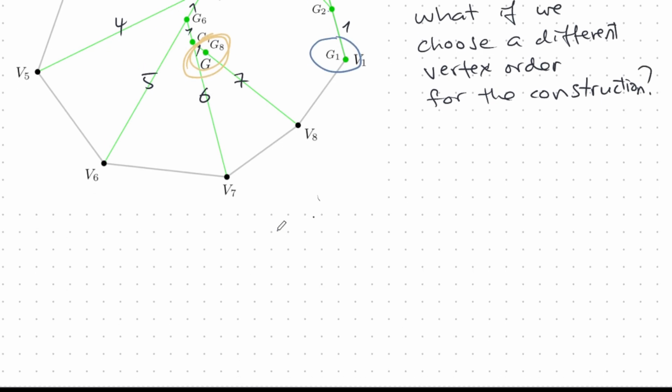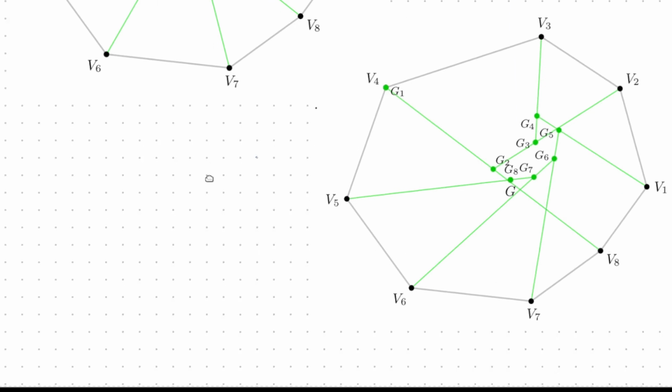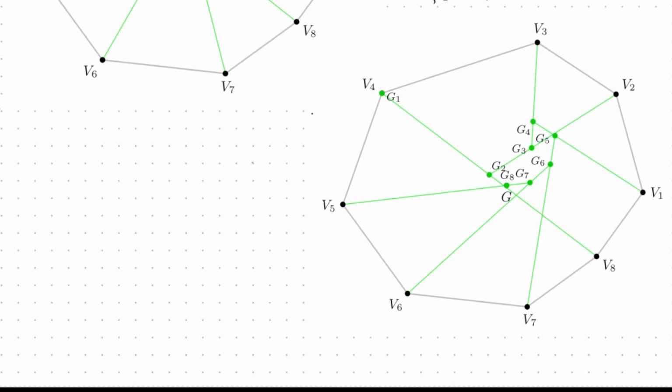This can be done with the centroid, no problem. This is what I get. I've chosen a completely different order. You can see here. Let's take some color. I started here, G1, and then this is the next one which I used to construct G2.